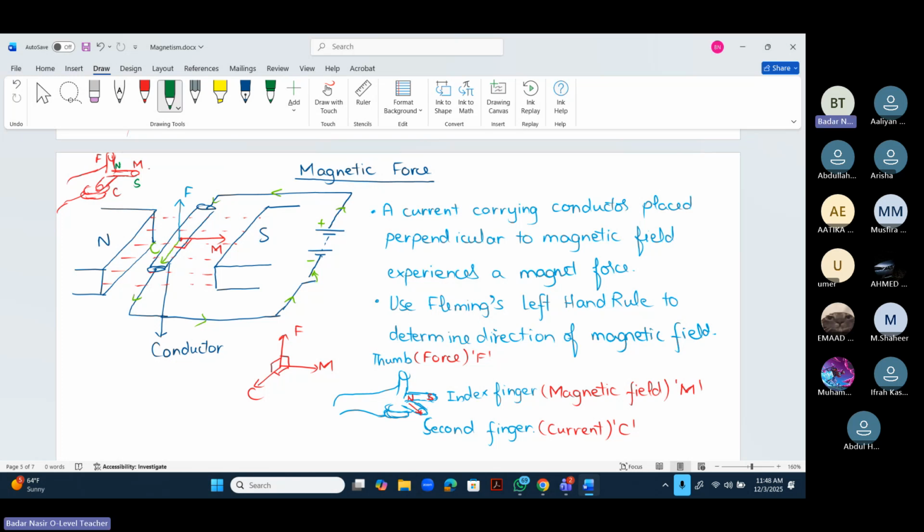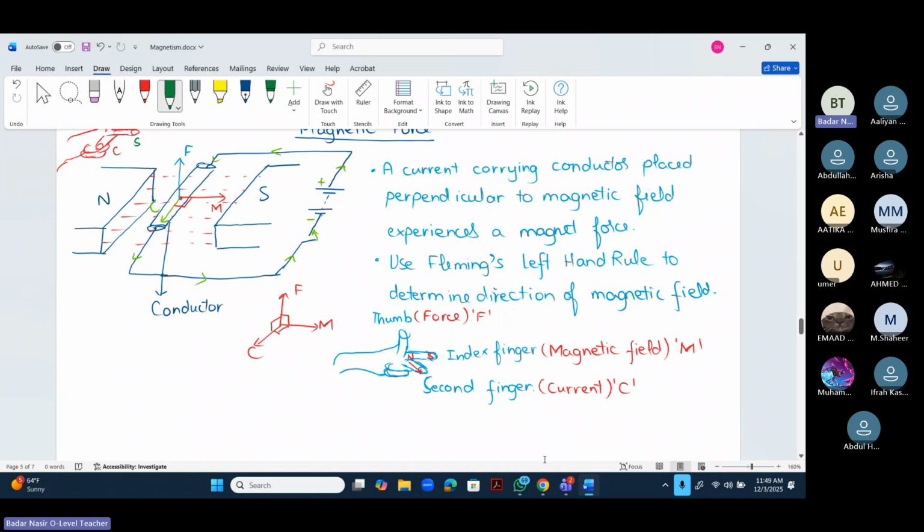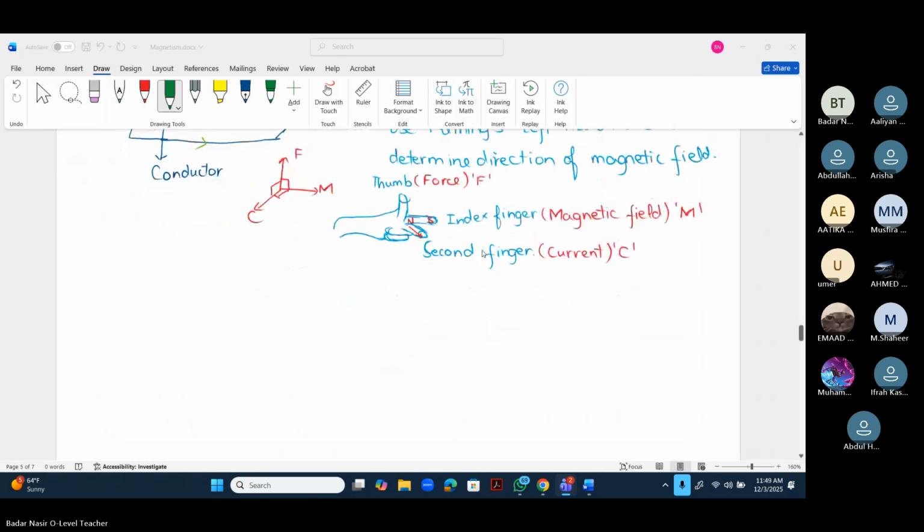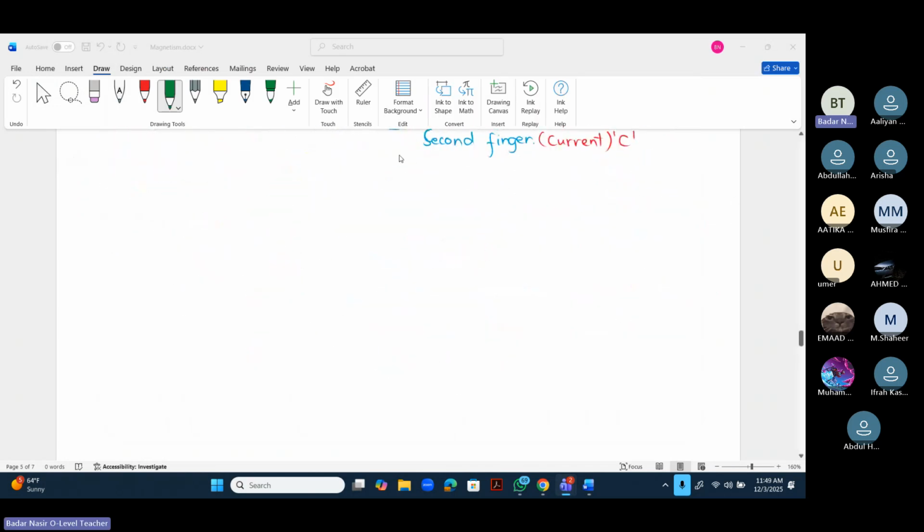ठीक है? अच्छा, now let's just talk about the application, which is very important. That is the DC motor. So let's just talk about that. I hope मतलब it's clear. जी. Okay, now let's just talk about the DC motor. अच्छा, so बेटा DC motor की एग्जाम के लिए we need to know how to draw its diagram.